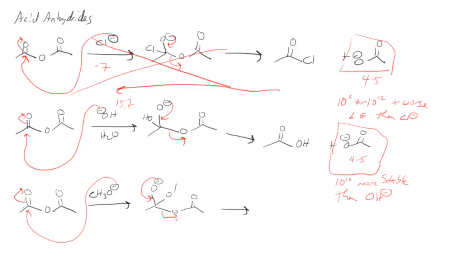We have a carboxylate as a decent leaving group to form our ester and the carboxylate. And again, the pKa of the carboxylic acid, the conjugate acid of this, is 4 to 5. The pKa of the conjugate acid here, the alcohol, is 15 to 18, so in that range. So this one again is going to be 10 to the 10 times more stable. So this reaction will also occur very readily.